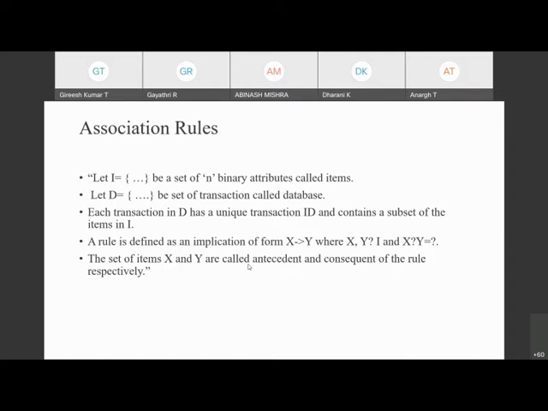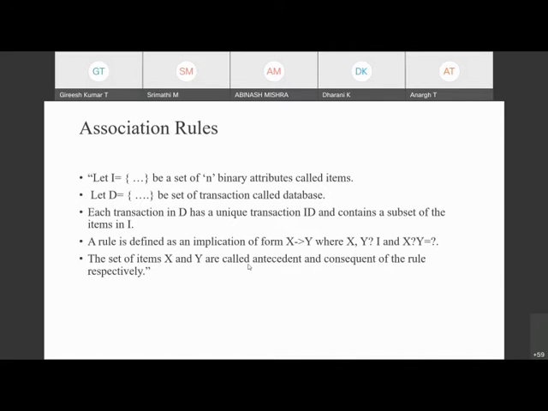Association rule mining is also one type of rule-based system. A rule-based system is purely based on antecedents and consequences. What is the meaning of antecedents and consequences? Antecedent means an if-then statement: if this is happening, then this will happen.